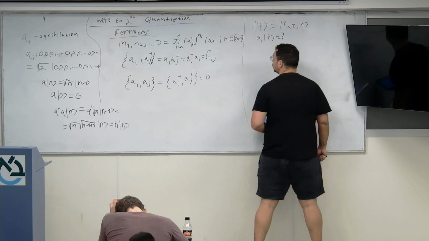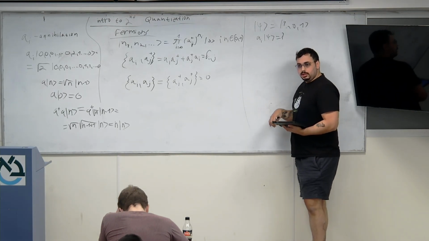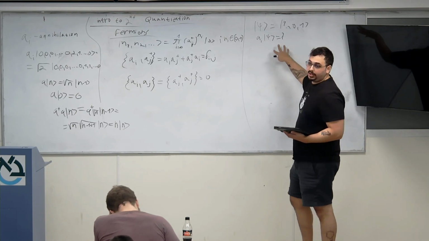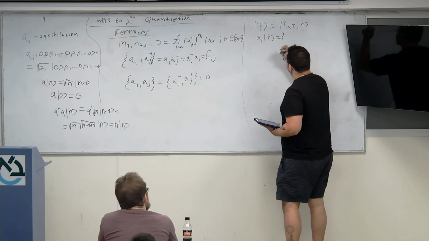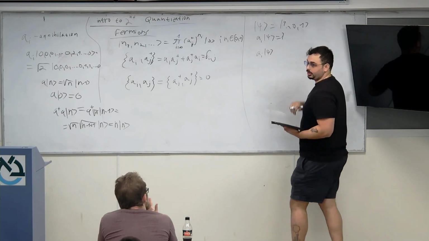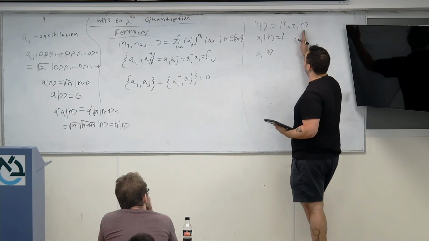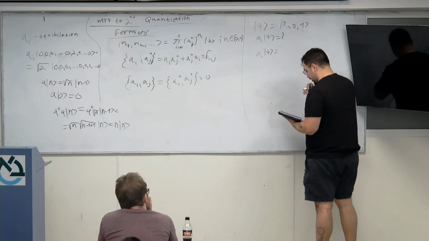So, let's do it again. Same question. This time I'll do A1 and A3. I'll do them both. And let's do the preparation, A_i phi. Again, we move the particles from the inside of the quantum state to the outside.